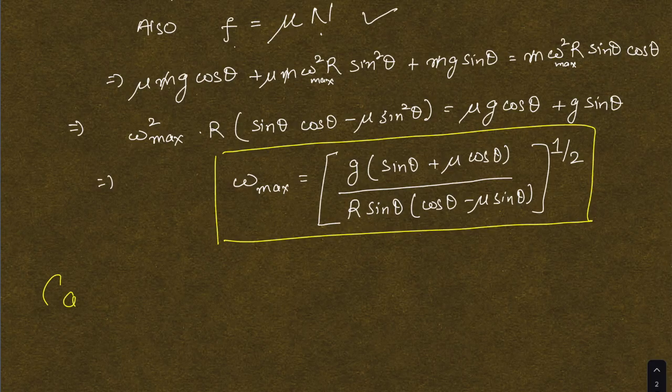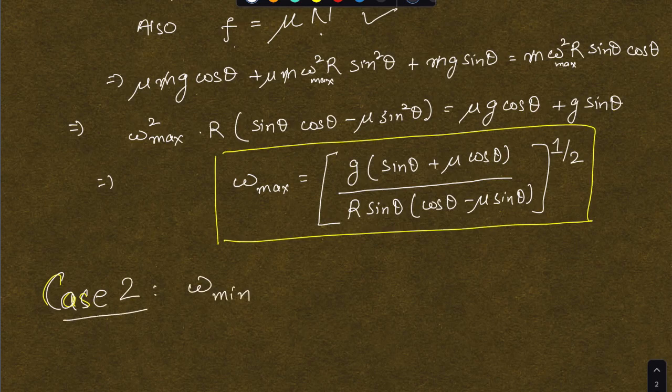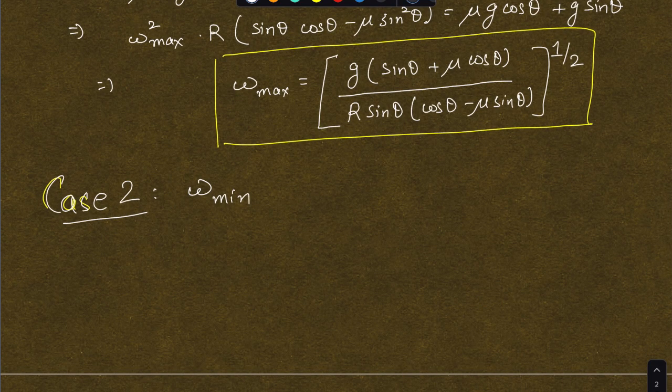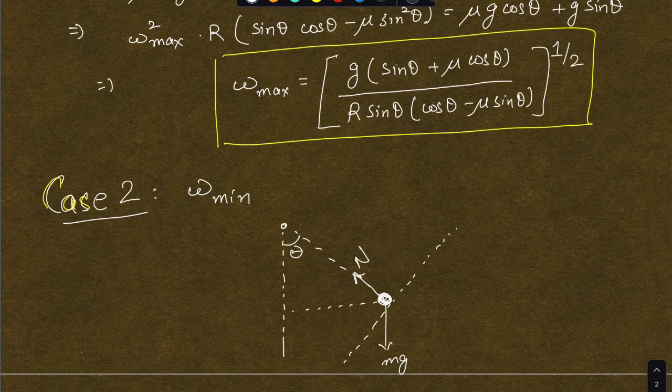Now let's do case 2 of omega min. Let's do the free body diagram again. So we have the center of the sphere, the block of mass m, the tangential surface perpendicular to this radius, and there is mg, there is n, this is theta, and omega square r sine theta.